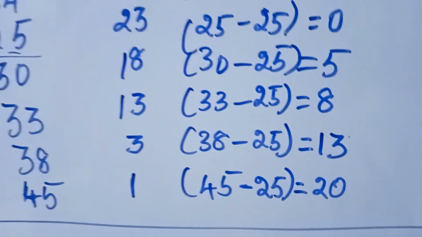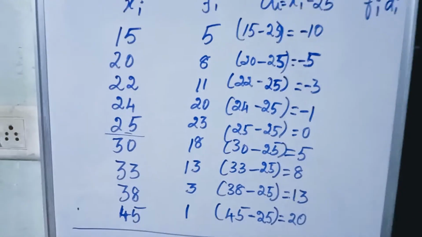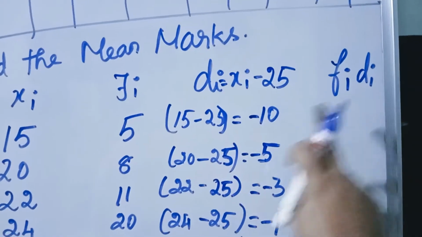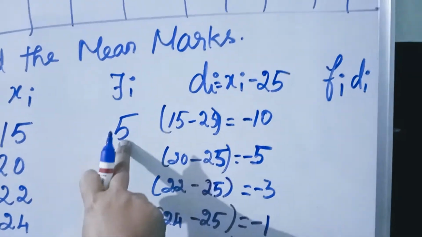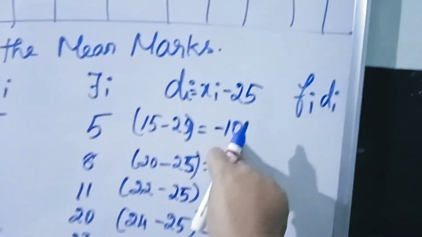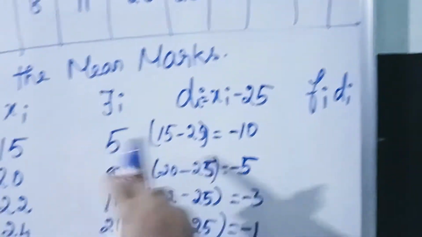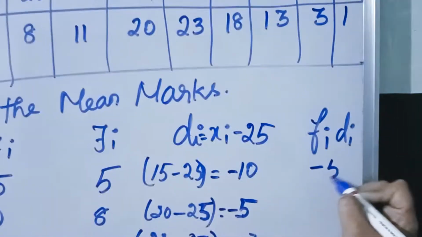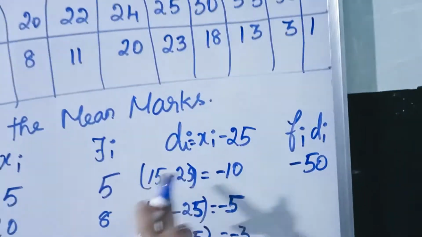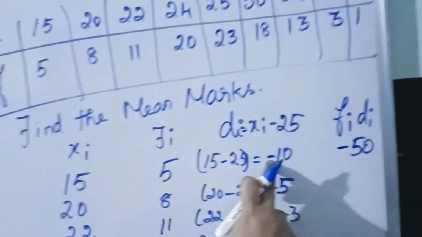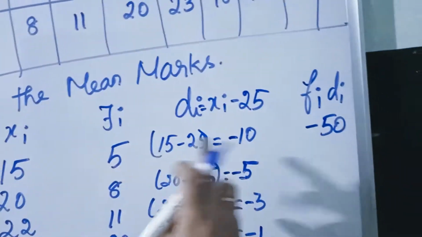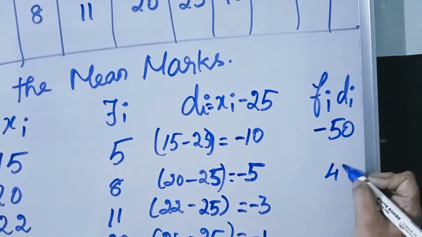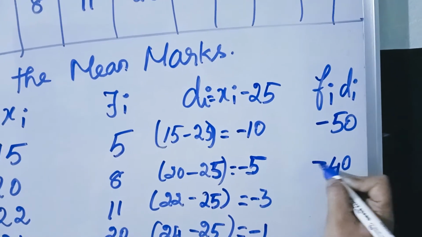Now you have to find the fi di value. That means you multiply the fi value and this di value. So 5 into 10, that means minus 50, because the minus symbol is there. In multiplication, plus into minus is minus, as usual you multiply. 5 tens are 50. 8 5s are 40, as usual with the minus symbol.